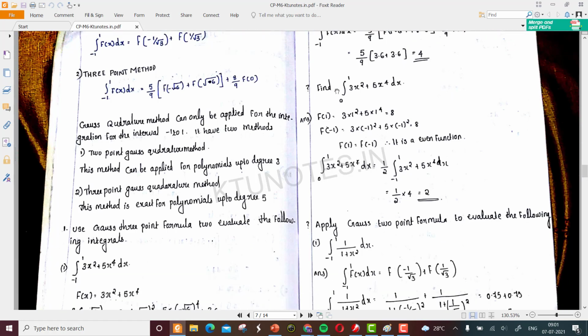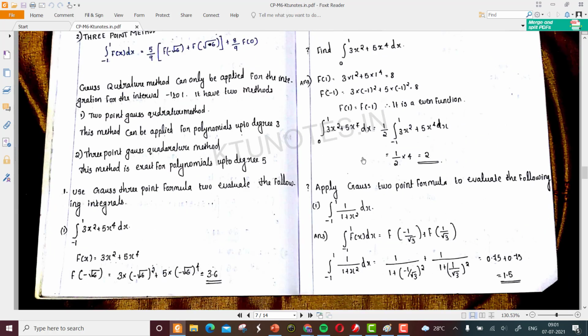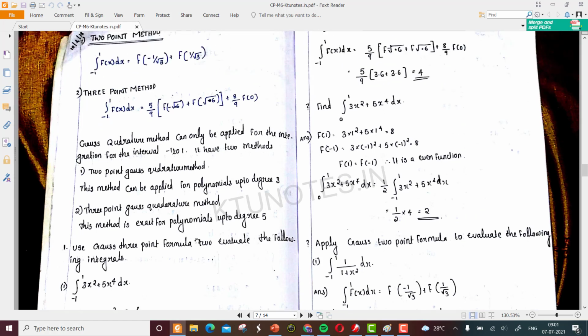Similarly, you have another one, find from 0 to 1 the equation. So you know that the Gauss coefficient can be applied for minus 1 to 1. It's only half the range. So what you can do is that you can find for the full range minus 1 to 1 and make the value half. So please note the function is similar to the previous one, 3s square plus 5s raised to 4.